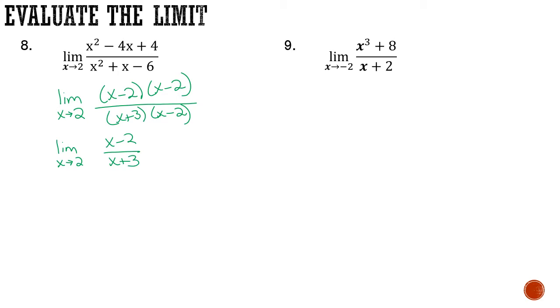Now I'm able to directly substitute 2 into x and find the limit without getting the 0 over 0. 2 minus 2 over 2 plus 3, that's 0 over 5, which equals 0. Now that means that this graph had a hole at the point 2, 0. The function is approaching 0 from the left and the right side of x equals 2.